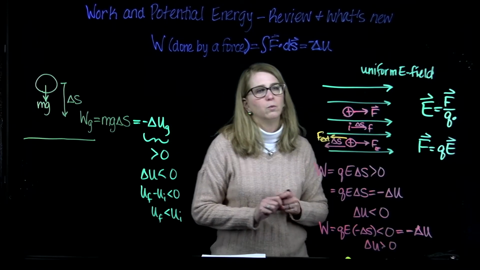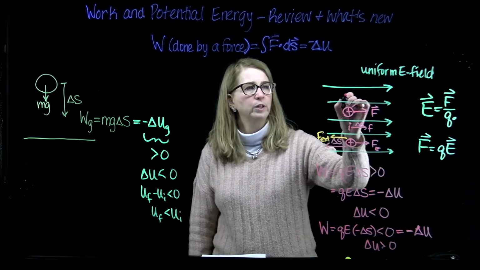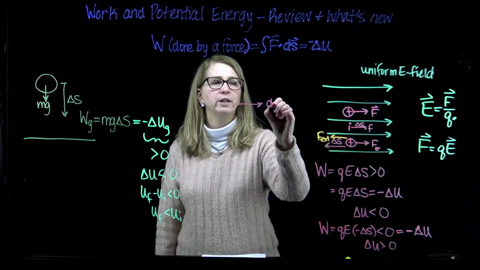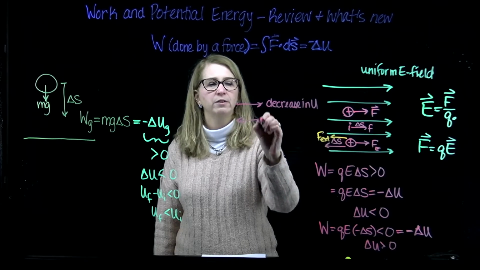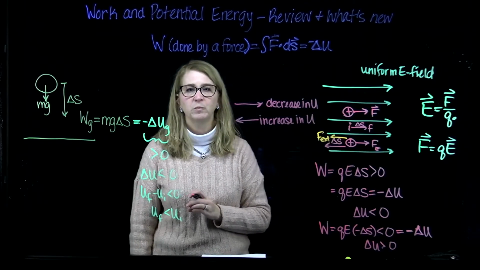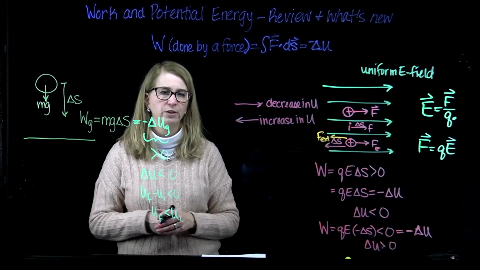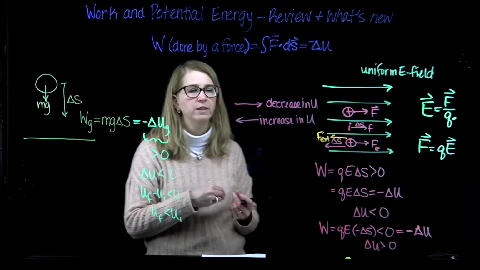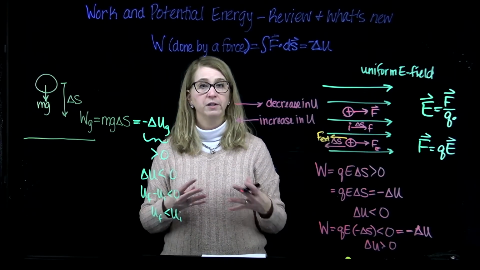And so one of the things we notice for this positive charge is that moving to the right resulted in a decrease in potential energy, and moving to the left represented an increase in potential energy. Now, part of the reason that we get those values for the potential energy is that it's an interaction of the charge with the electric field. And what we would like to do is just think about the field itself.